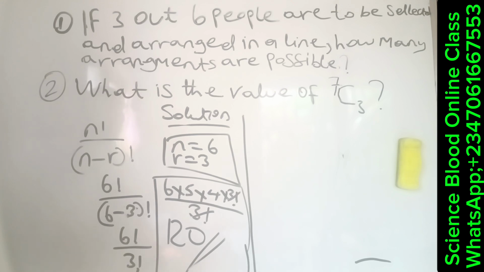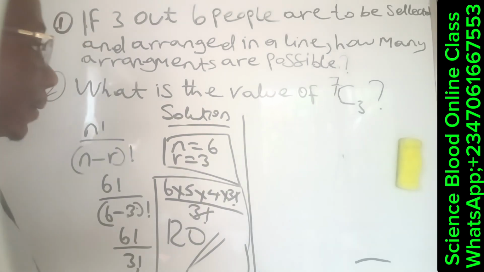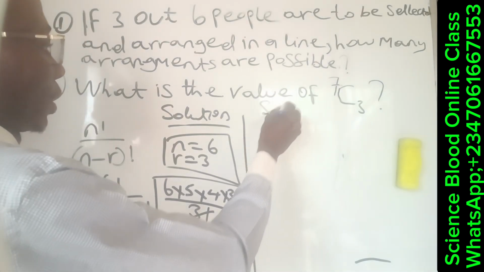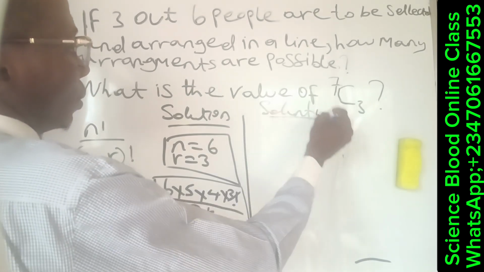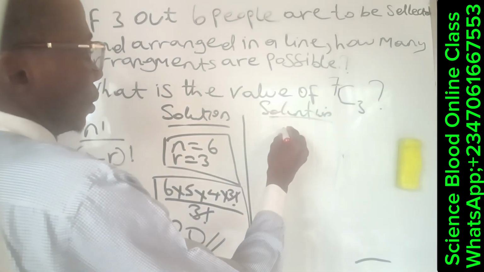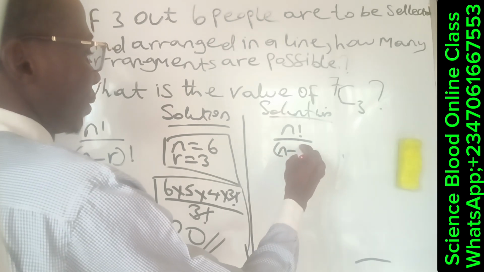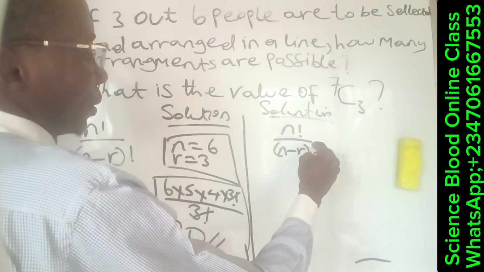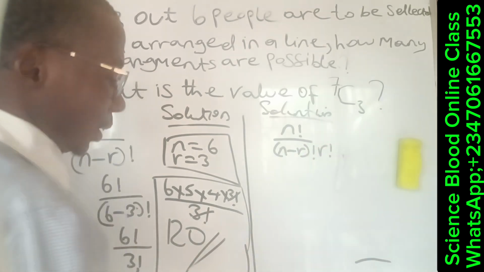Alright, let us move over to question number 2. This one will also help us apply the formula suitable for combination, which is n factorial all over, open a bracket, n minus r close bracket factorial, r factorial.